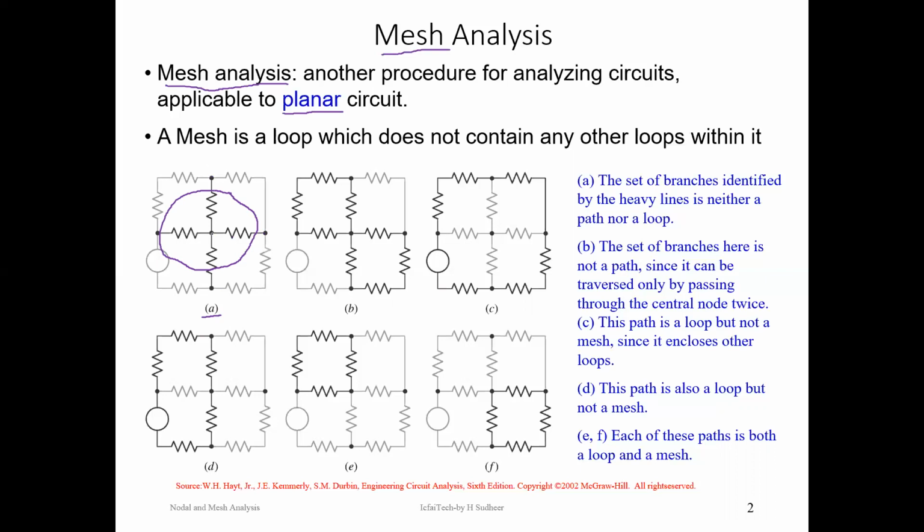So you have to come back to the center node, then travel this and come back to the center node, then you can travel like this. Definitely in this figure, the set of branches shown with the heavy lines is not a loop, not a mesh.